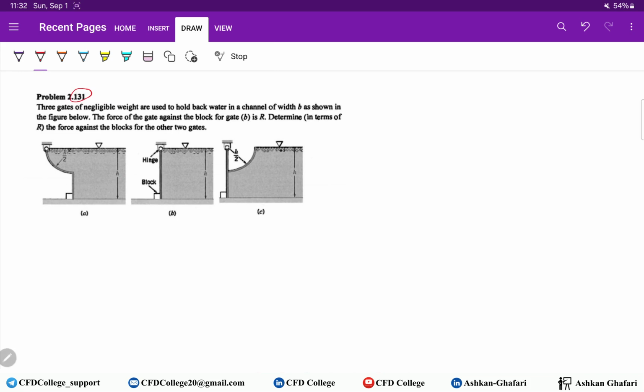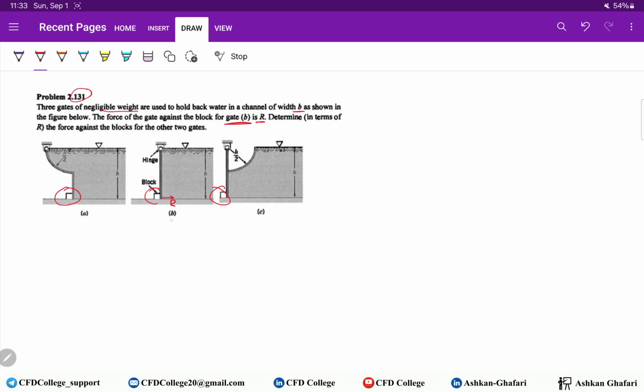We have three different gates, A, B, and C, of negligible weight, so the weight of the gates can be neglected, used to hold back water in a channel of width B. So the width of the channel in the third dimension is B. The force of the gate against the block, this is the block, for gate B is R. Determine in terms of R the force against the blocks for the other two gates.